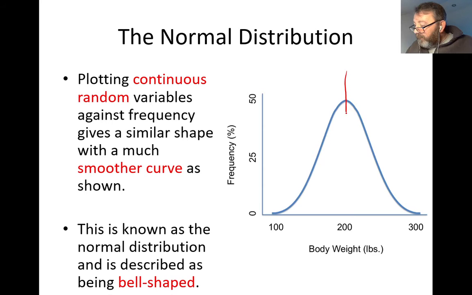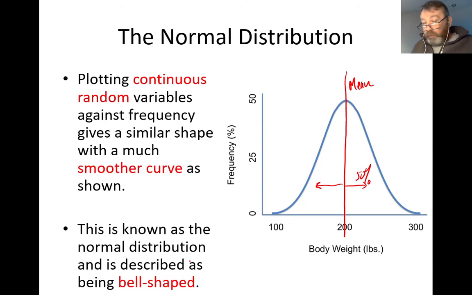You notice here that there's a mean. And the mean, as we can see here, is 200 pounds. So in this particular group of people, you have 50% of them that have a mean of 200 pounds. And then you'll notice that 50% of the population go this way, up to a body weight of 300 pounds. 50% go down this way to a body weight of 100 pounds.